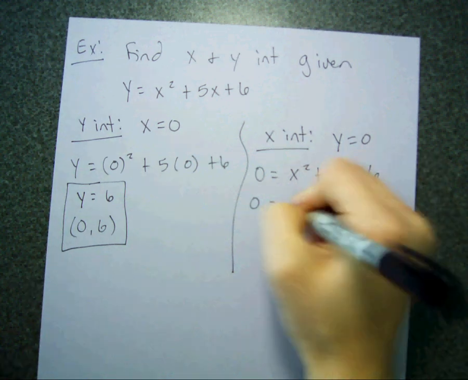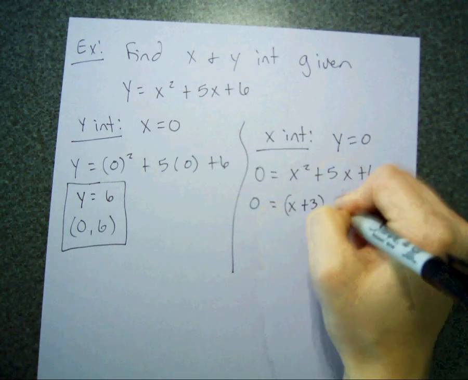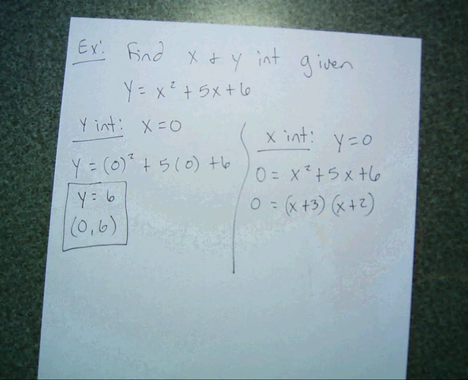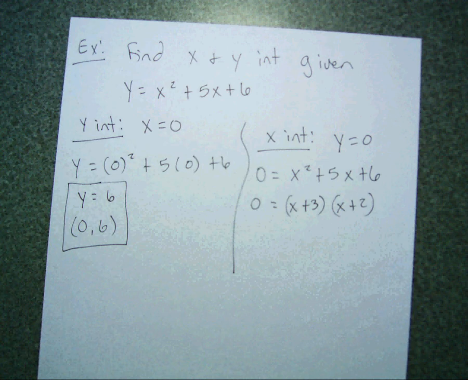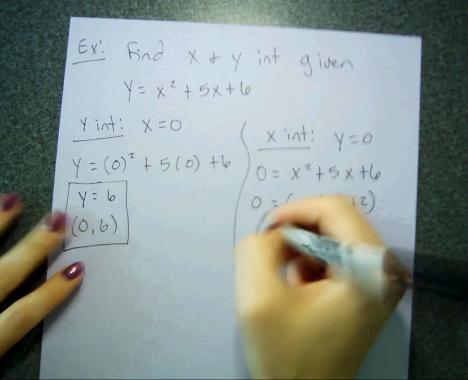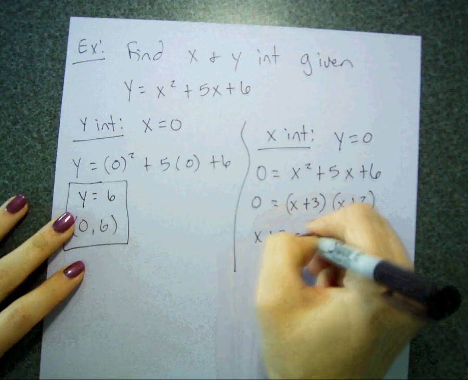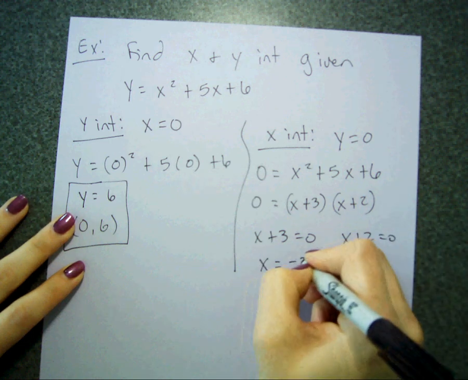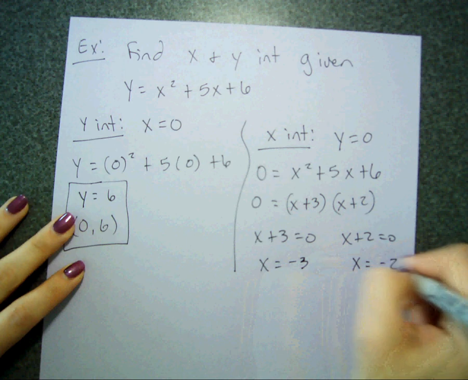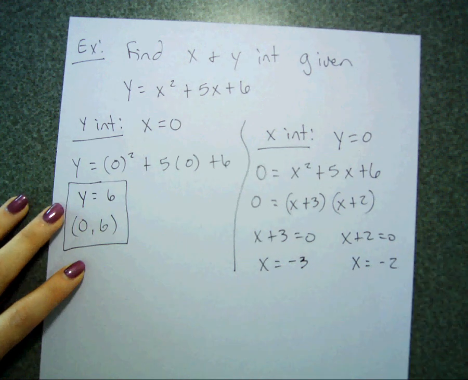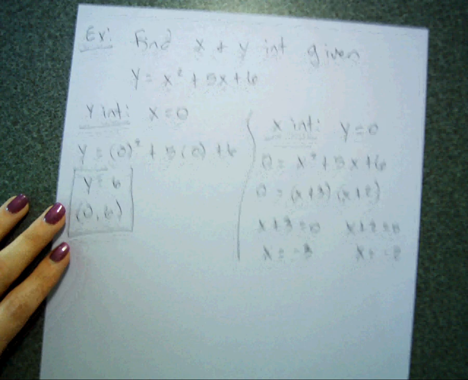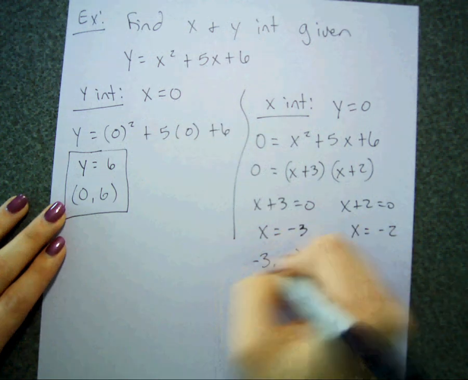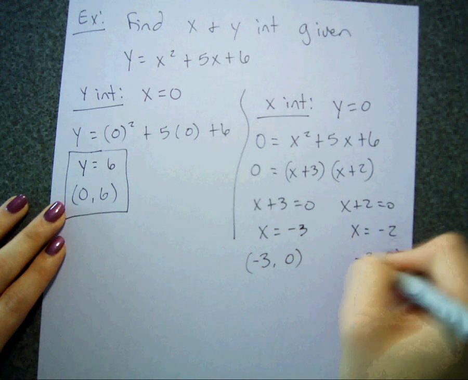So I have (x plus 3) times (x plus 2). Now that I have it in factored form, I can use that zero root property that we talked about before and set them individually equal to 0. So x plus 3 equals 0, x plus 2 equals 0, and I get x equals -3 and x equals -2. So this one actually gave me 2 x-intercepts, and they would be (-3, 0) and (-2, 0).